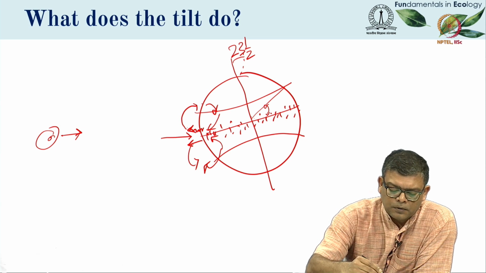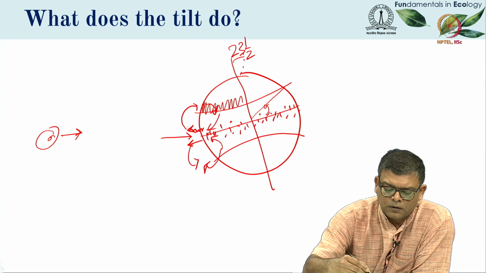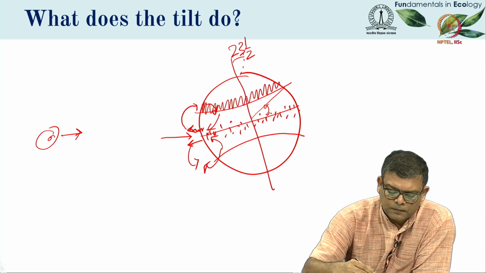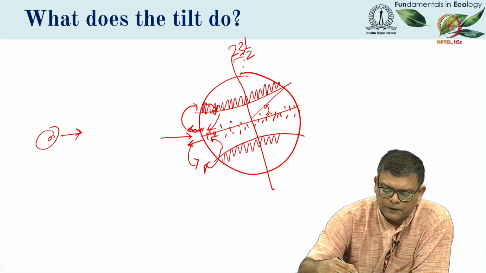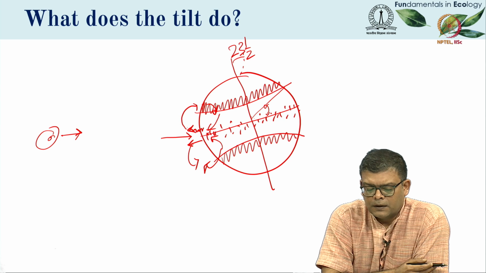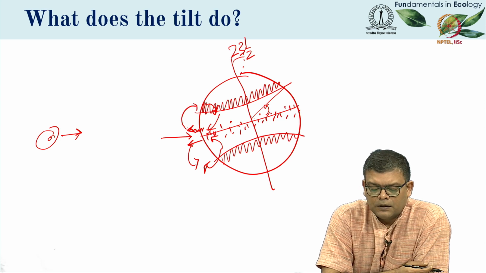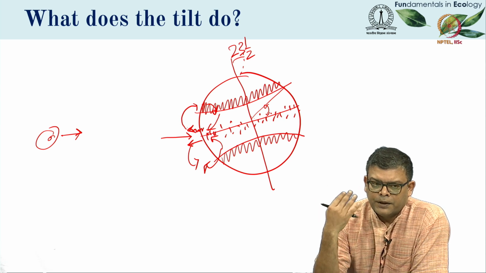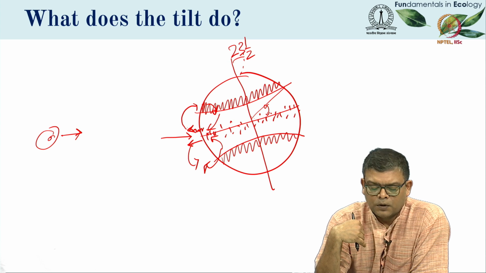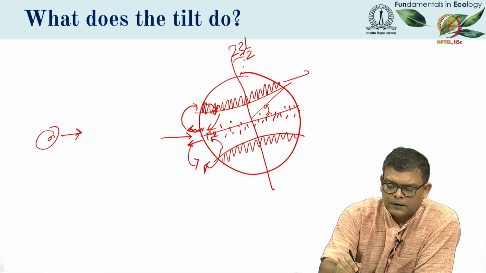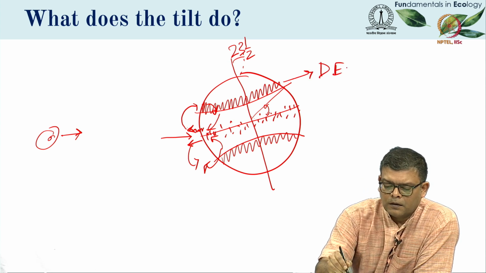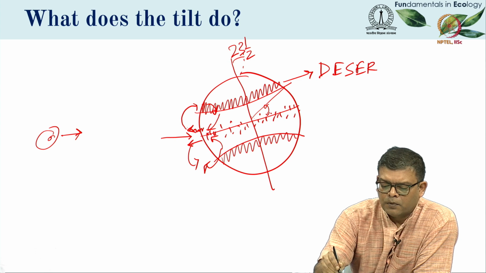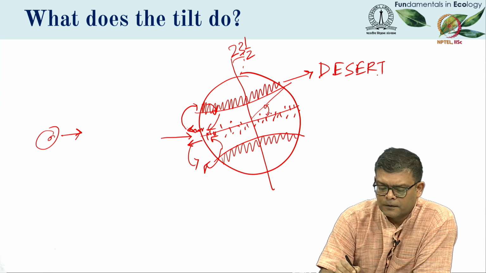So now the areas which are just north of the tropics, this band in the north and this band in the south, they have a supply of very dry and hot air coming towards them. So these places generally support deserts.